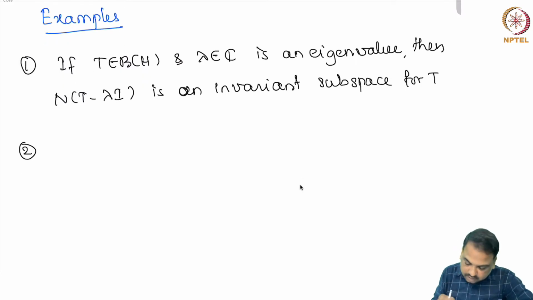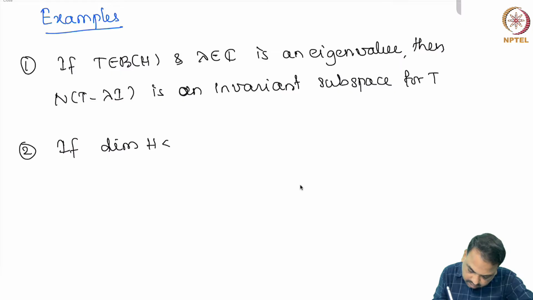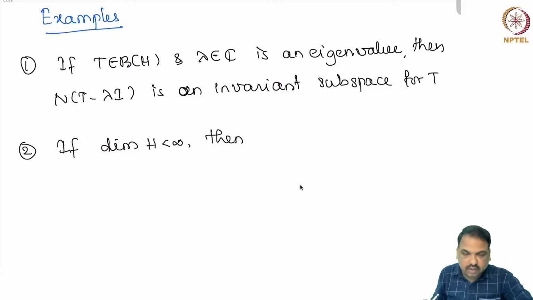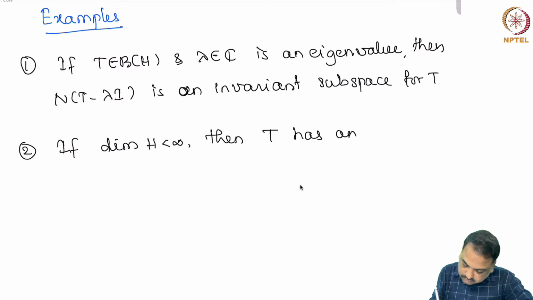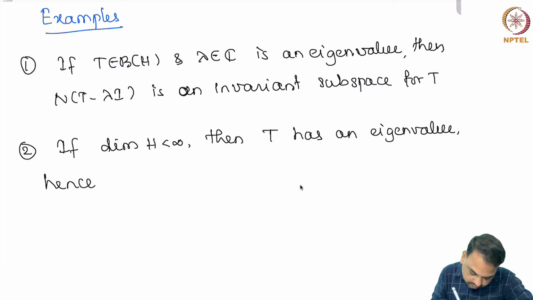If H is a finite dimensional space, if the dimension of H is finite, then we can show that T has an eigenvalue. Hence it has an invariant subspace.